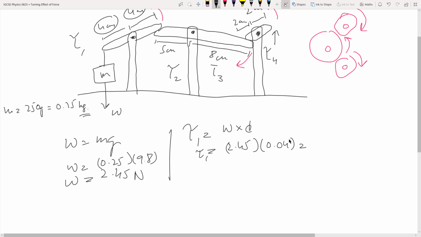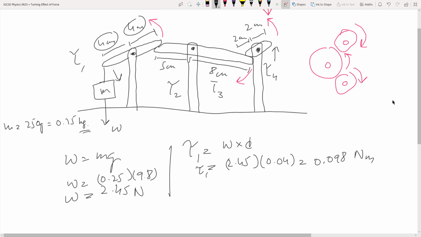So 2.45 into 0.04 gives me a value of 0.098 newton meters. That's the torque generated, you can say the counterclockwise moment generated by this mass, right? And that is going to be the same amount of moment I need to apply on this end over here, so that it is lifted up, right?